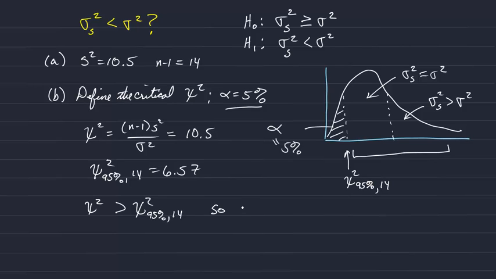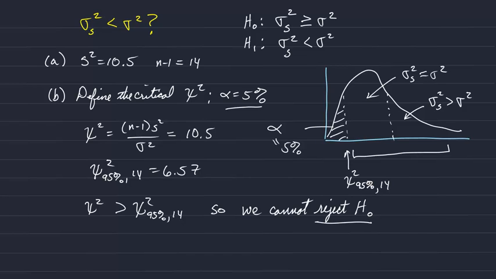So again, we cannot reject H0. There's no reason to suspect that the variance of the sampled population is not greater than that of the known population. Okay, and again, we're left to reserve judgment.